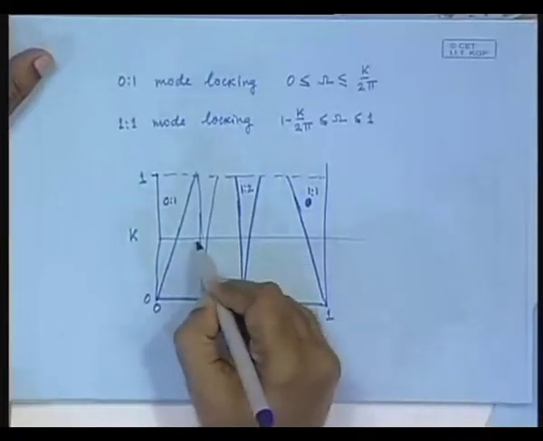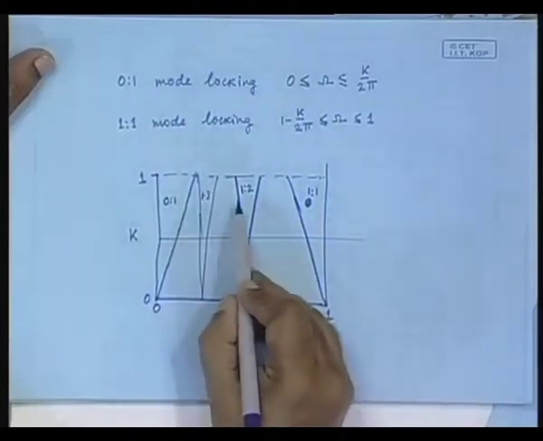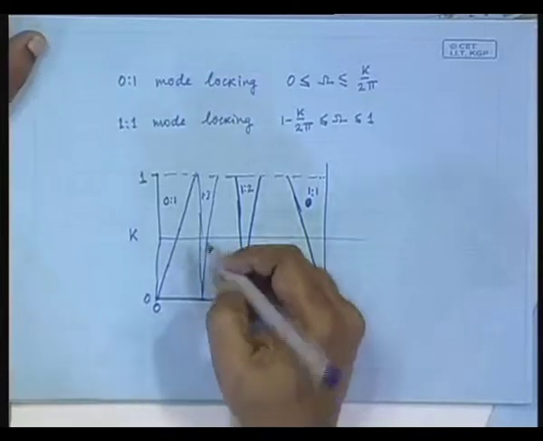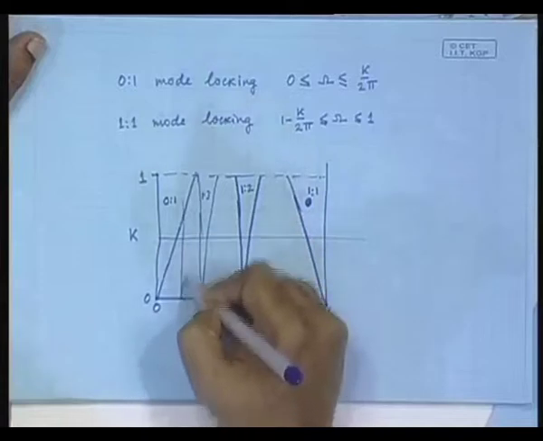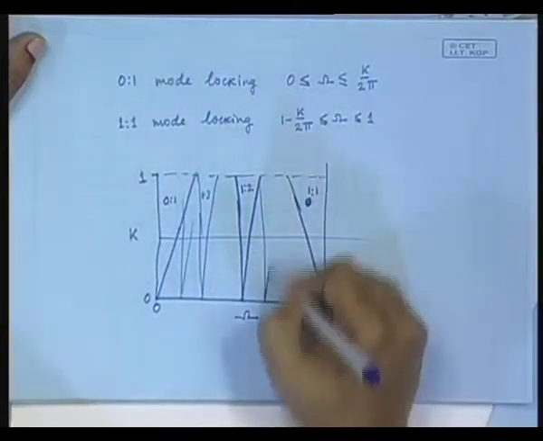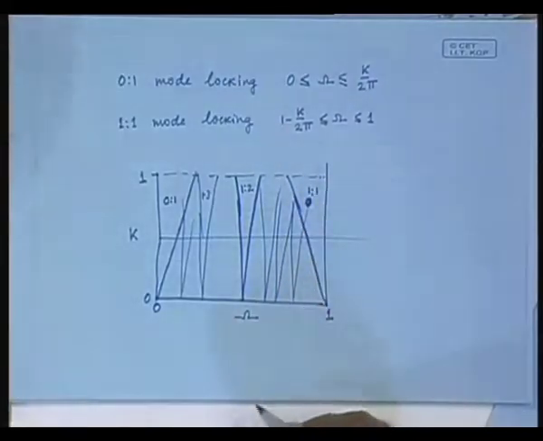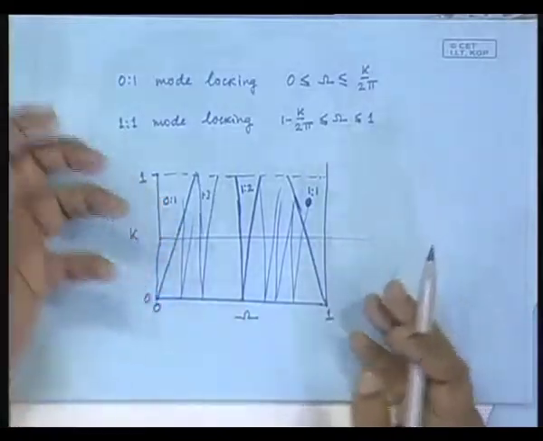In between these two, what will you see? This is 1, 2, 3, 1:3, right? 1 by 4, yes. So, there will be a range like this. Here will be a range like this. Here will be a range like this, of various widths depending on the denominator.